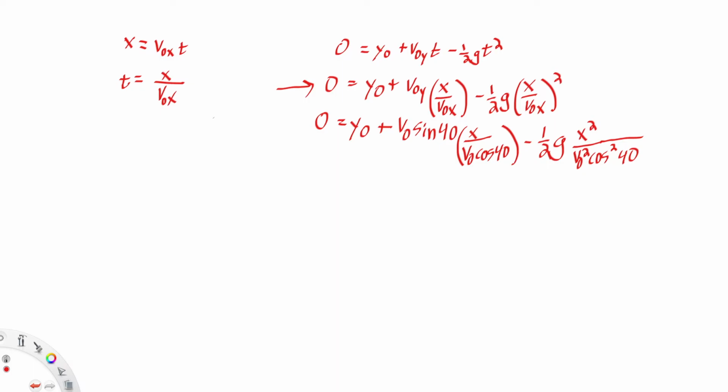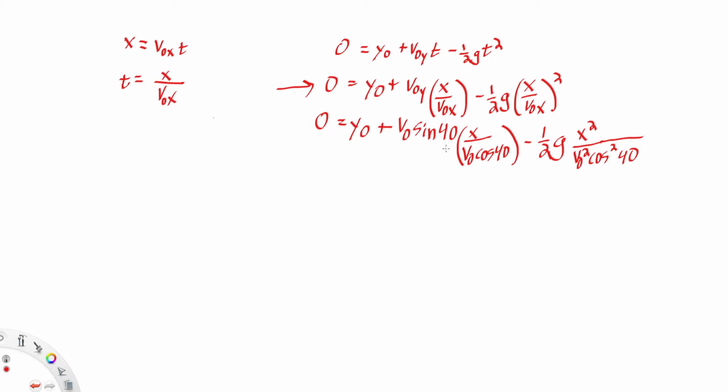Well, that's not a bad idea, Prada. If we replaced x with v naught x t, that's certainly a valid replacement, but then that's actually going to increase the number of unknowns, right? Because x is a number we know. It's 359. But v naught x is a number we don't know, and so is t.